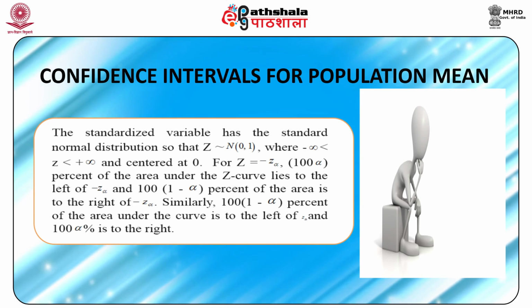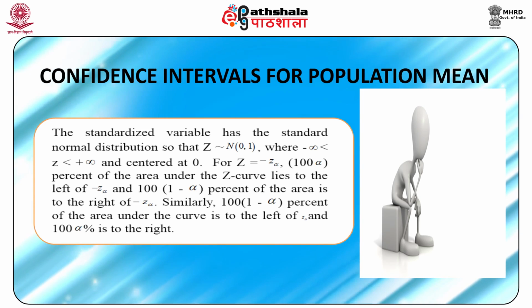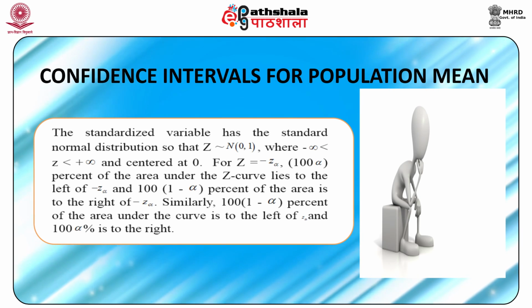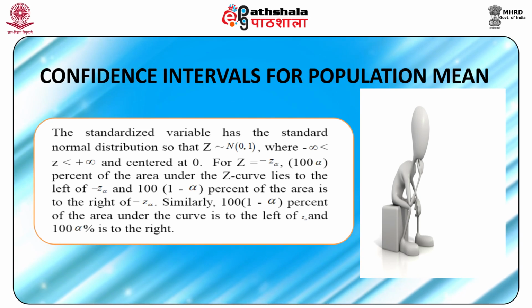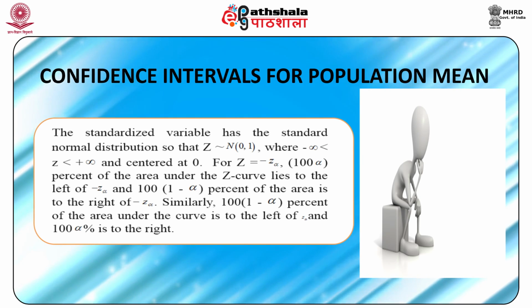Let us see that. The standardized variable has the standard normal distribution, so that z is distributed normally with mean 0 and standard deviation equal to 1, or variance also equal to 1. Now, in this case, z lies between minus infinity and plus infinity and is centered at 0.